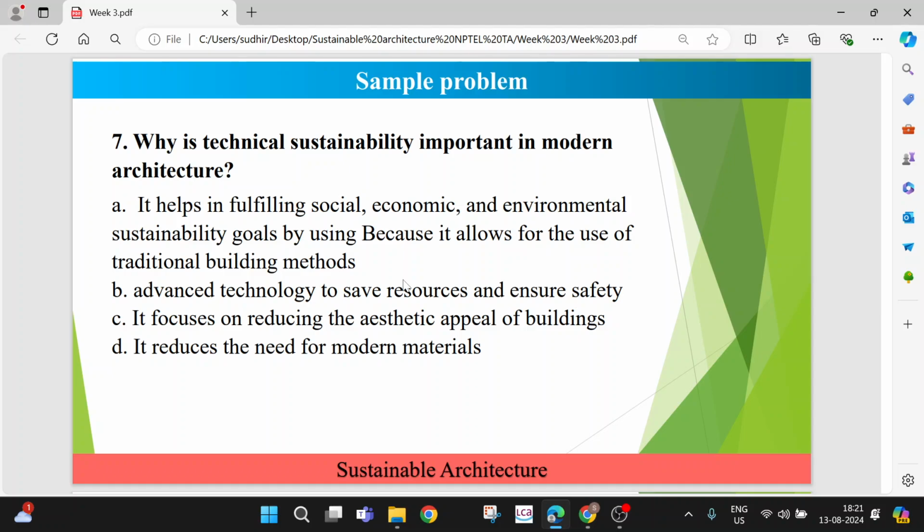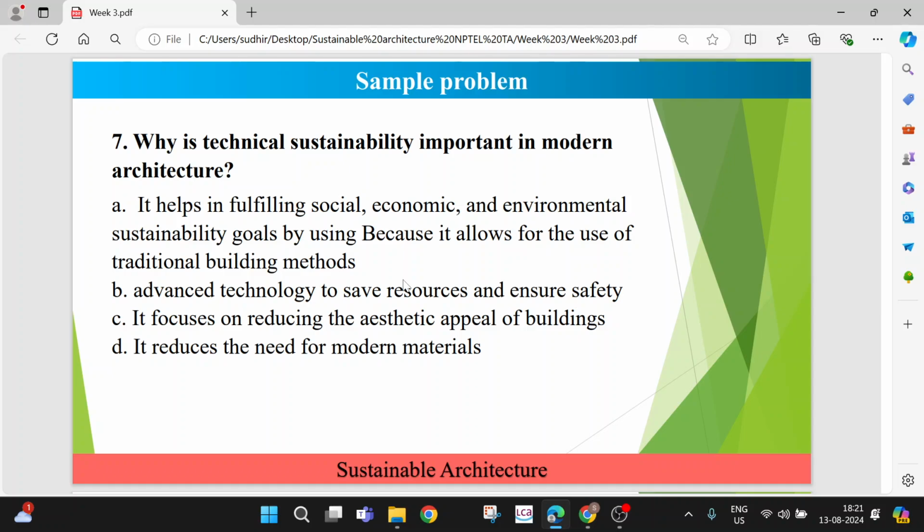These technologies help in conserving resources, enhancing the durability and safety of buildings, and making constructions more affordable. By leveraging modern innovations, architecture can create buildings that are both functional and sustainable.